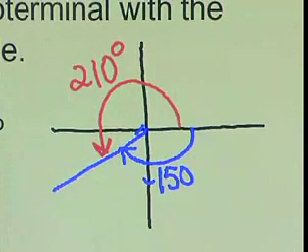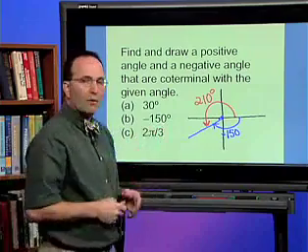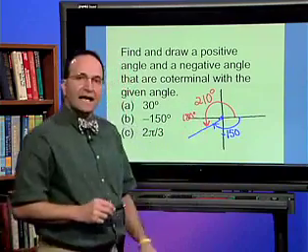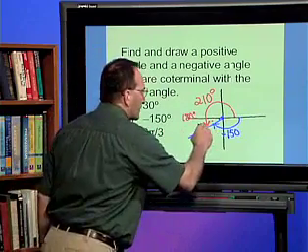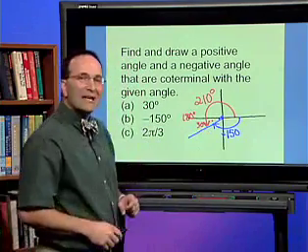I can get that a variety of ways. 210 plus 150 is 360, so I know that works. Or I can remember that this is 180, and this little angle in here is 30, so adding them together gives me my 210.